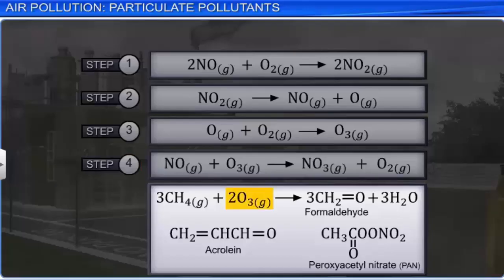Both nitrogen dioxide and ozone can react with unburnt hydrocarbons to form chemicals such as formaldehyde, acrolein, and peroxyacetyl nitrate.